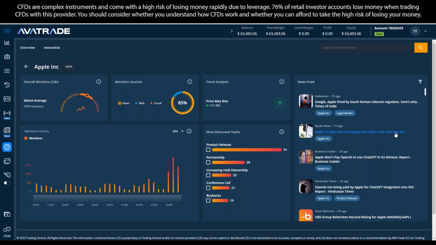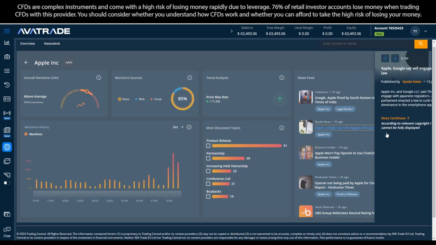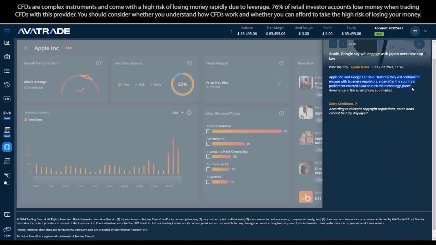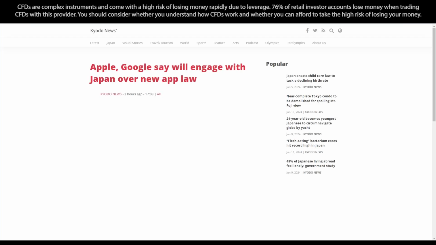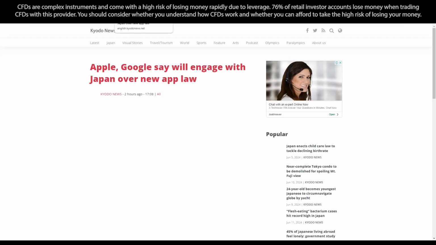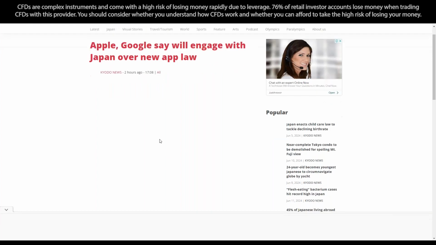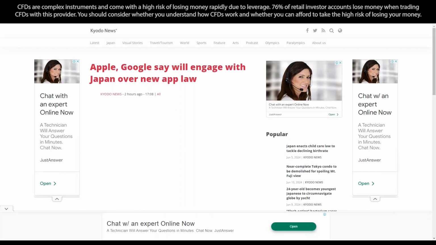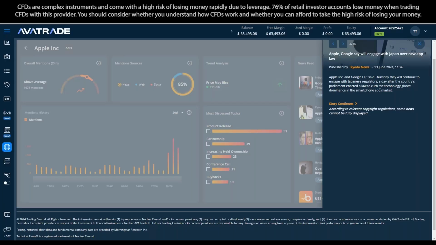So if you want to know what's going on with that, what law they're talking about regarding Apple and Google, click on the article, okay? You can read a synopsis, which is a little summary of the article right here, or you can click and read the entire article. Click the link, it loads the source of the article, and you can read the whole thing to see what's going on with that particular story.